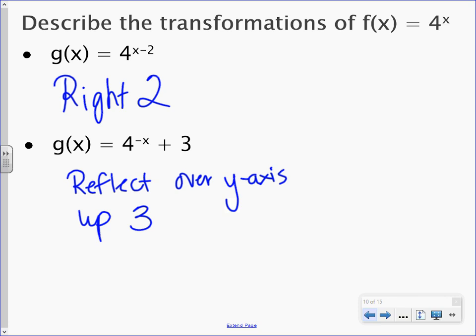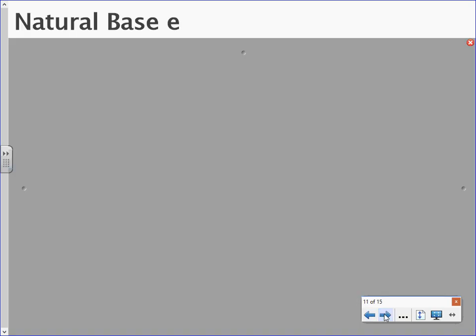So when we reflect about the y-axis like this, all of our x values change, which is why she described it as horizontal.